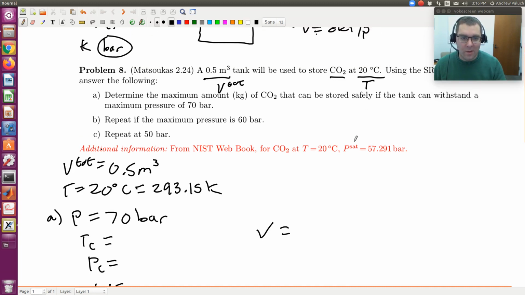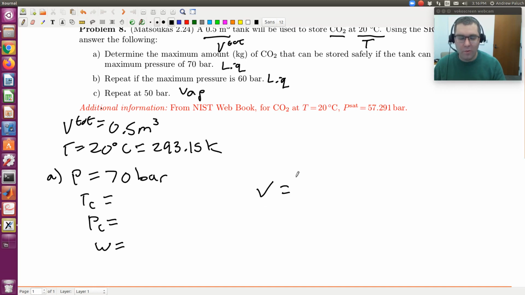Well, in all cases, I'm at 20 degrees C. In A and B, my pressure is greater than the corresponding saturation pressure. So in both of these cases, I'm going to have a liquid. Okay, so in A and B, I have a liquid since my pressure is greater than Psat at 20 degrees C. In C, I'm less than, so in C, I'm going to have a vapor.